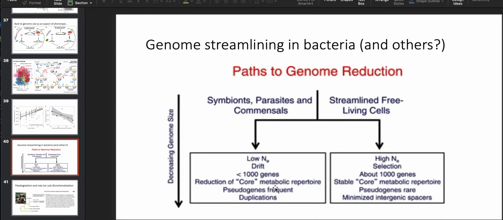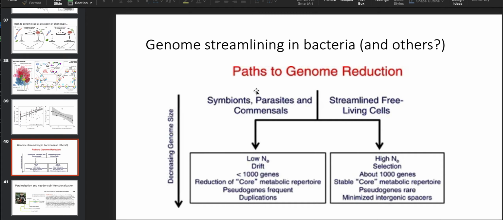Pseudogenes can frequently be found in intracellular symbionts. Pseudogenes, I don't know if we've talked about that yet, but that's a gene that is no longer functional. And it's usually a step along the way towards gene loss. So in a lot of cases, if a gene is no longer under positive selection, it will undergo what sometimes people call pseudogenization, because it's making it into a pseudogene.